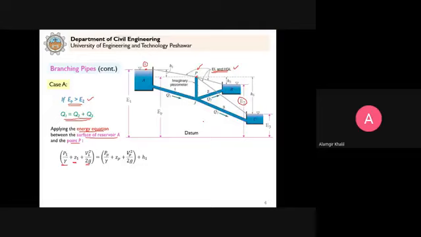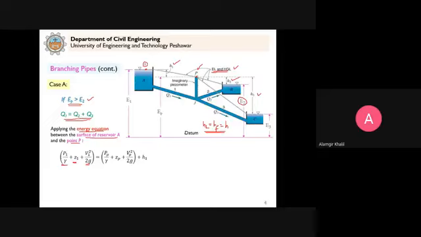So in that case, we only consider the total head loss here. This will be only equal to the major head loss, so that will be equal to HF. And we will take both of these as equal to H. That's why it is written here H1, H2 and H3.